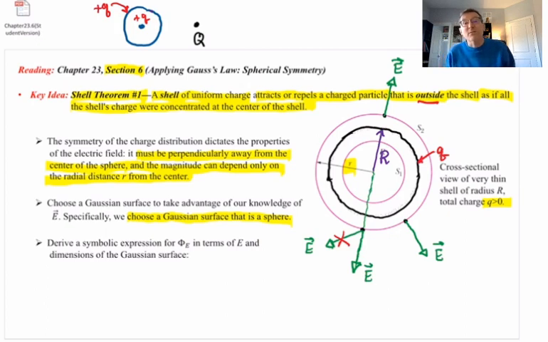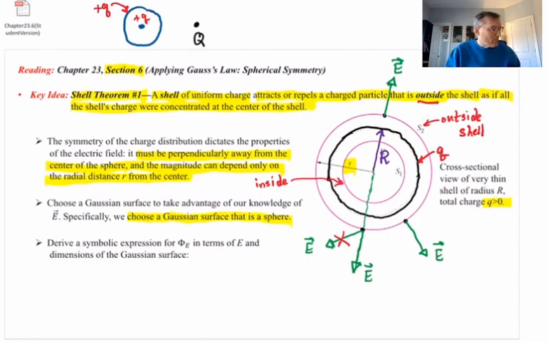They're drawn as red circles, but they're really red spheres. S2, which is outside the shell, and S1, which is inside. We're going to look at those one by one.